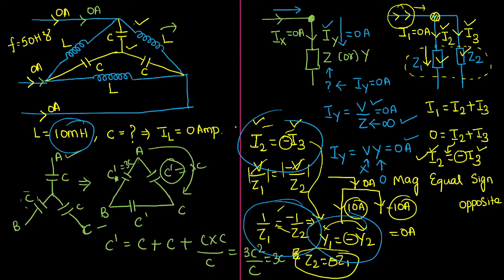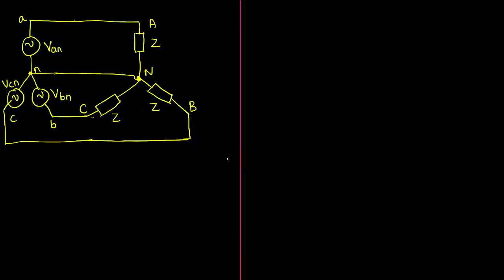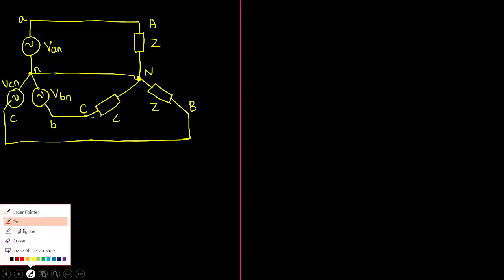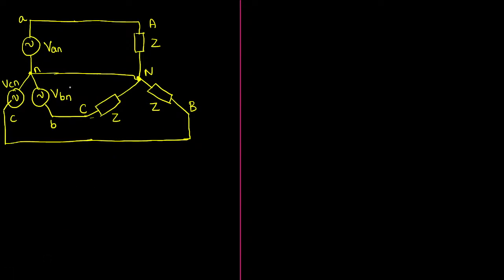Okay, chalo. Let us go ahead with the next question. So this is the given question. Next one, let me consider this network. The given network is a balanced star to star connected three-phase circuit shown in the figure below.